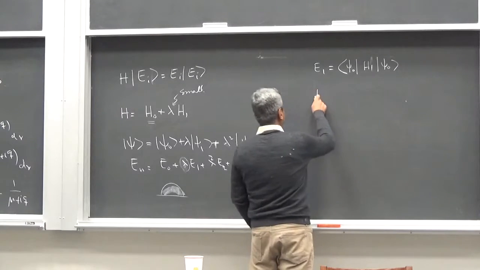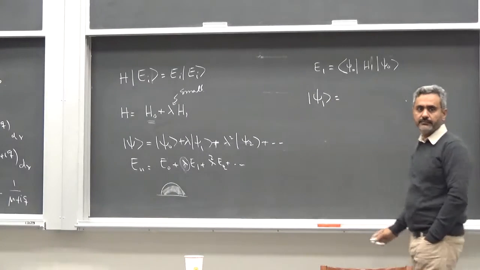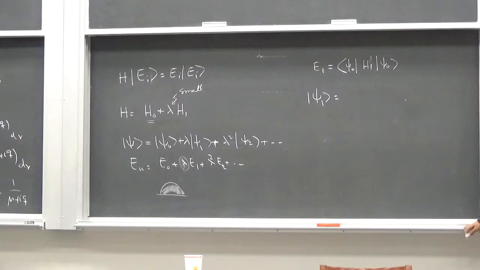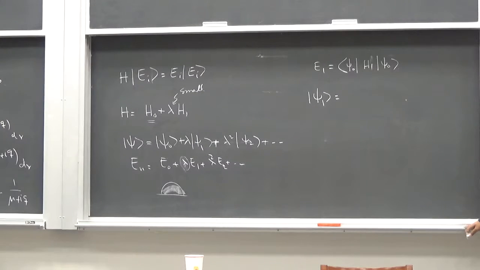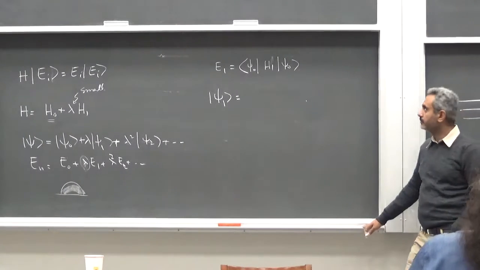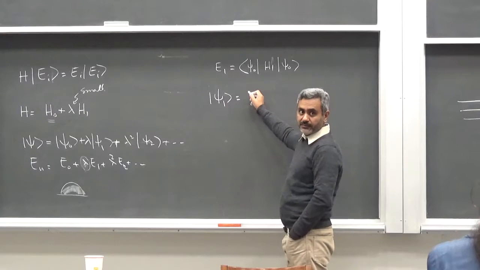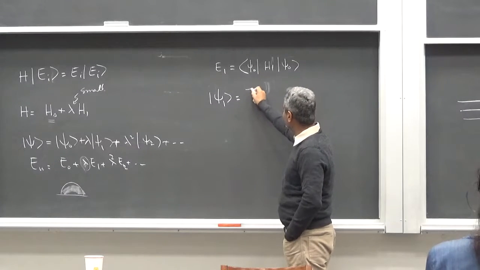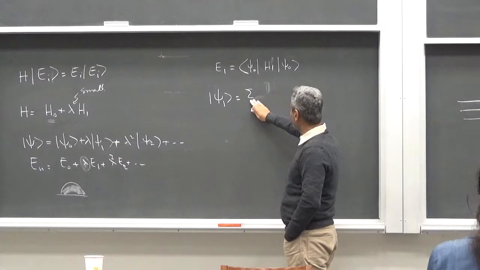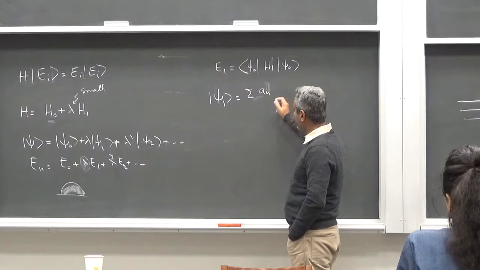And what is psi 1? A combination of the unperturbed bases. So what should I write? Your summation, with coefficient A_n. What is A_n?